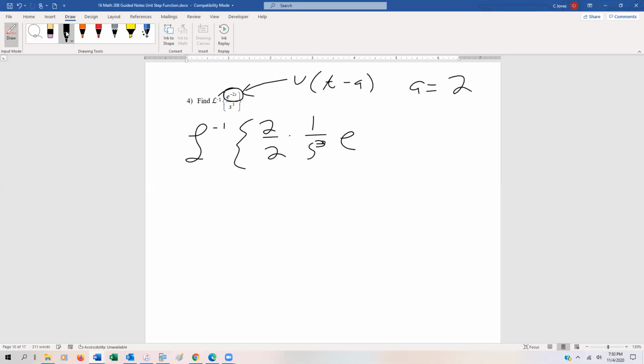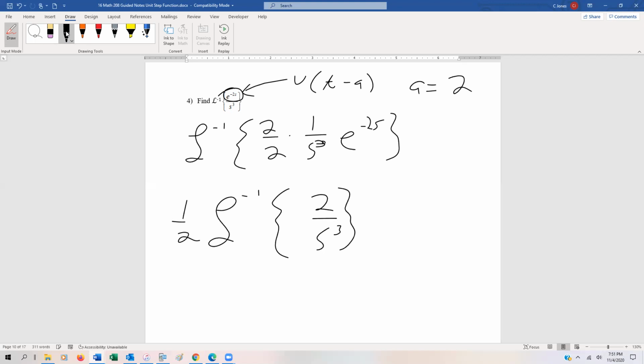We're also going to have the e to the minus 2s. And that might help you to see what we're going to do with this. Now I'm going to factor out a 1/2. And we have L inverse of 2 over s cubed, and then we have the e to the minus 2s.